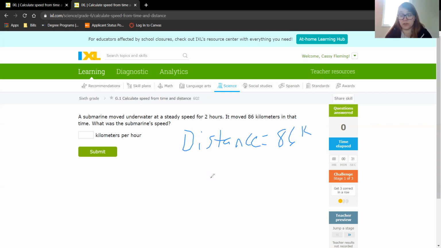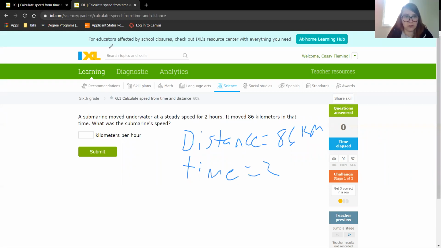I don't know the abbreviation for kilometer, I'm just writing a K. And it's km. And what was the other thing we needed? Our time. The time it took for them to travel 86 kilometers was 2 hours. Oopsies. Forgot to select time.